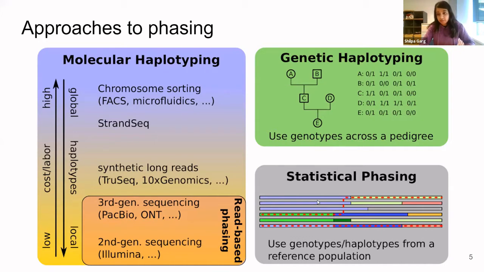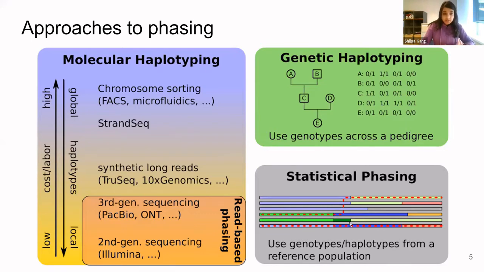The next approach is statistical phasing, where you are given a reference panel from populations and you try to predict the phasing of a target sample based on the evolutionary model that is explained by the common ancestry information.